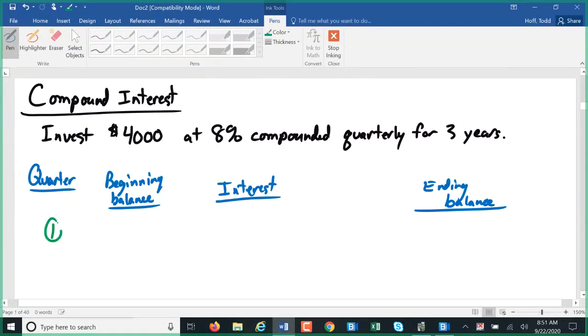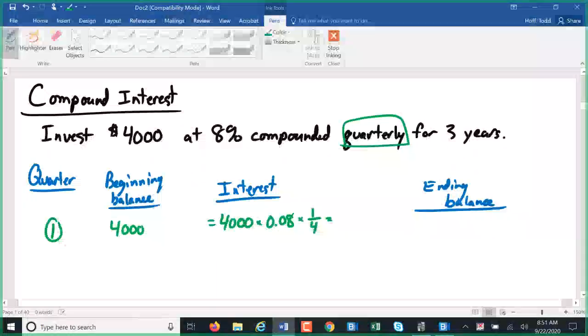So in our first quarter, we start out with the $4,000. Our interest, 4,000 times 0.08, that's the 8% as a decimal. Quarterly, however, which means we're only going to go for 1/4 of a year. So that ends up being $80 in interest. So we add that on, our ending balance is $4,080 at the end of the quarter.